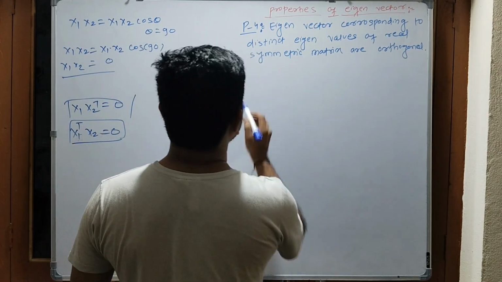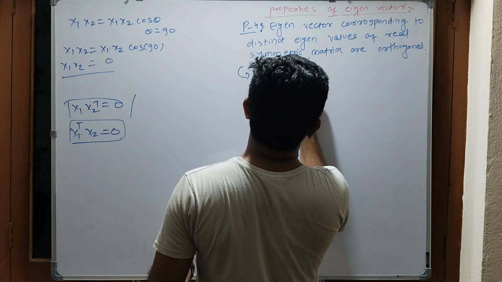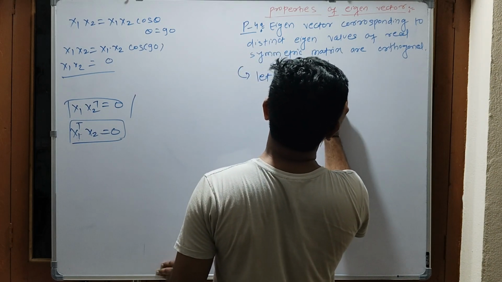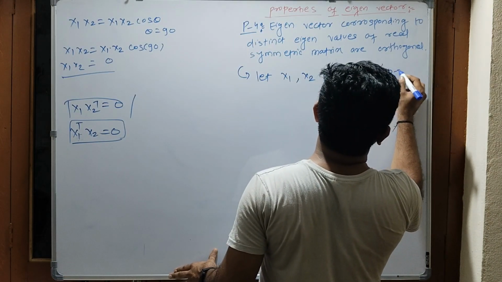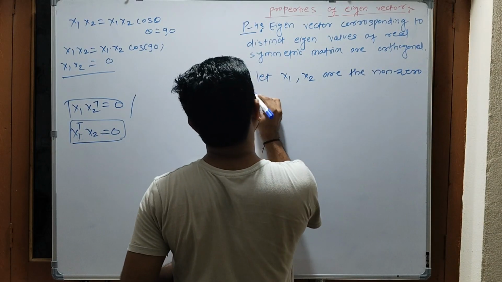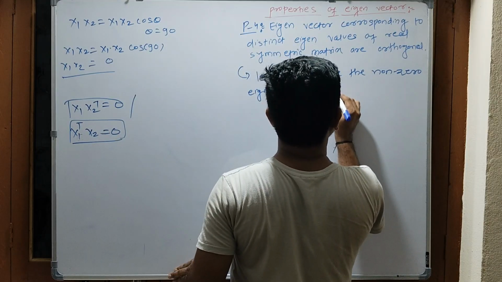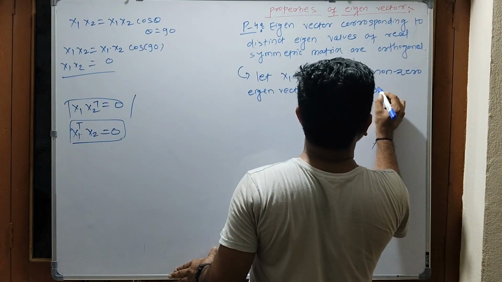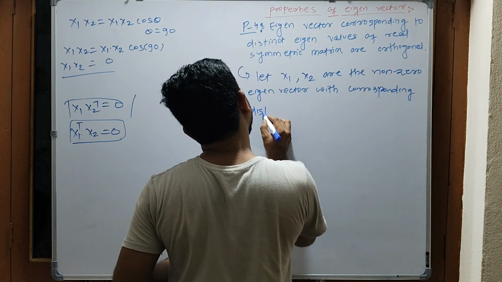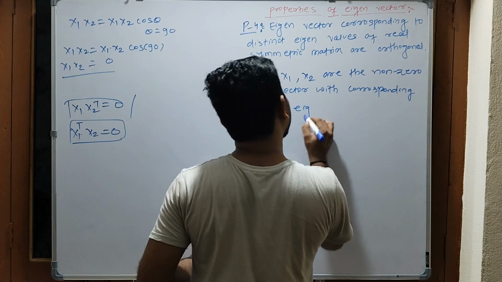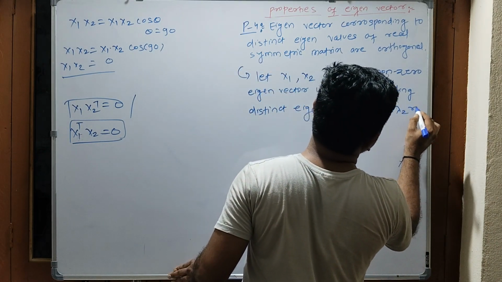So here, what is given? The given information is: let x1 and x2 be non-zero eigenvectors with corresponding distinct eigenvalues lambda 1 and lambda 2 respectively.